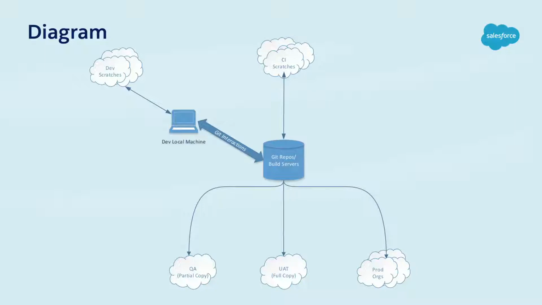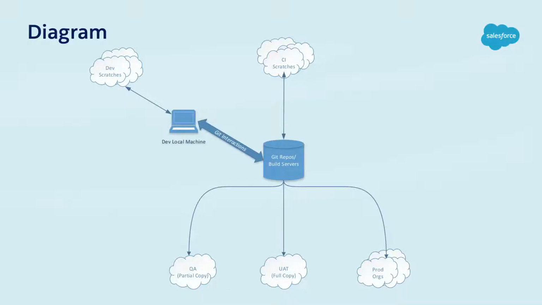Those would be very tightly correlated to each one of these environments: this QA, this UAT, and this prod org. With unlocked packaging and with DX, we don't really have to be that stringent. We can say, well, maybe we have an alpha build. That will go to QA because we want to do some more extensive testing on it. Maybe it's a hotfix. Well, we don't need to go through all the environments. We'll go straight to production orgs.